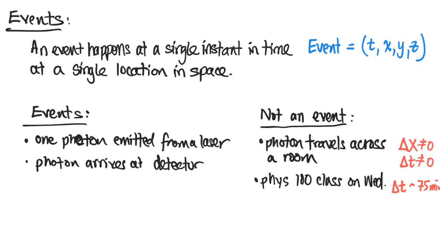And for us, we're only going to consider one-dimensional problems. So the event simplifies to a time and an x coordinate because we're not going to think about y and z coordinates. Everything we'll do this semester with relativity will be one-dimensional, so it should be more straightforward. But everything that we talk about as an event has to occur at a single time and at a single location on the x-axis.